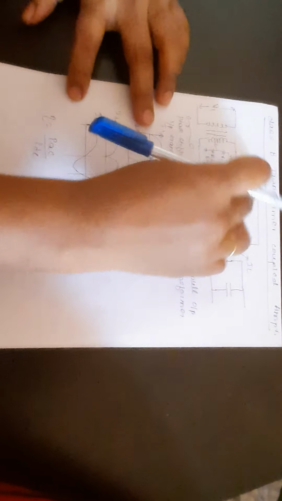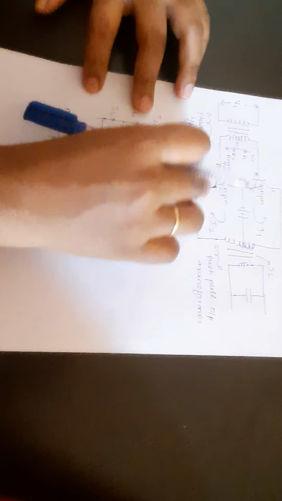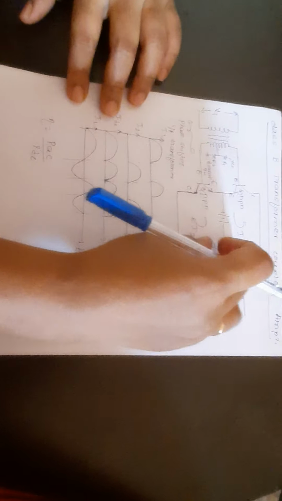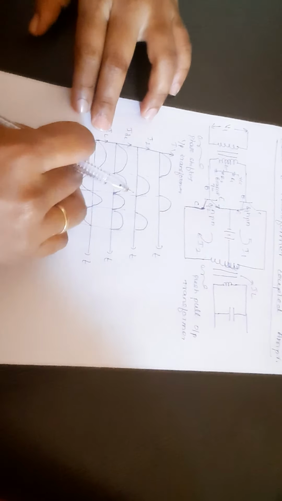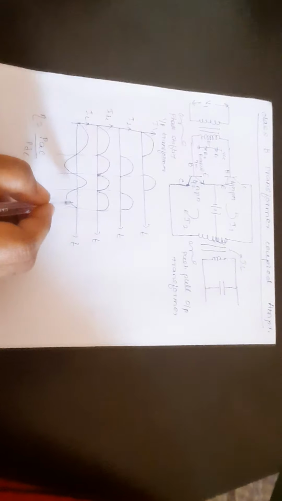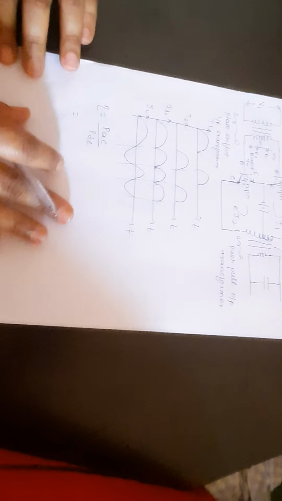The path of the current I1 is here for one half cycle. Now I2 will conduct for the next half cycle. So total IDC will be both. The load current will be IL. What we get is this way. Both cycles are available.